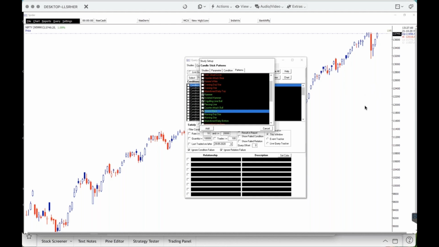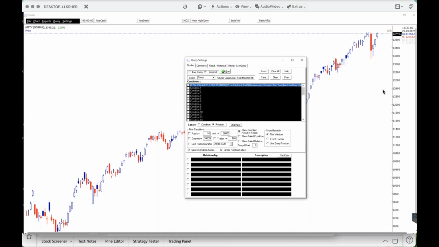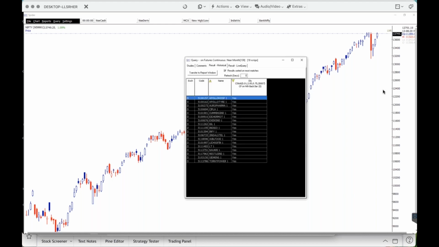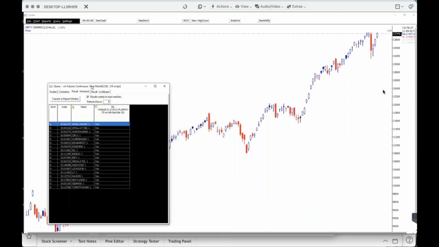So there are quite a few of these patterns which we have covered. Again, as I said, there are many others. So you add them, then you select the condition, you check this box, select it. And I am scanning it on the FNO universe and I run it. And there you go. 18 scripts have come up.